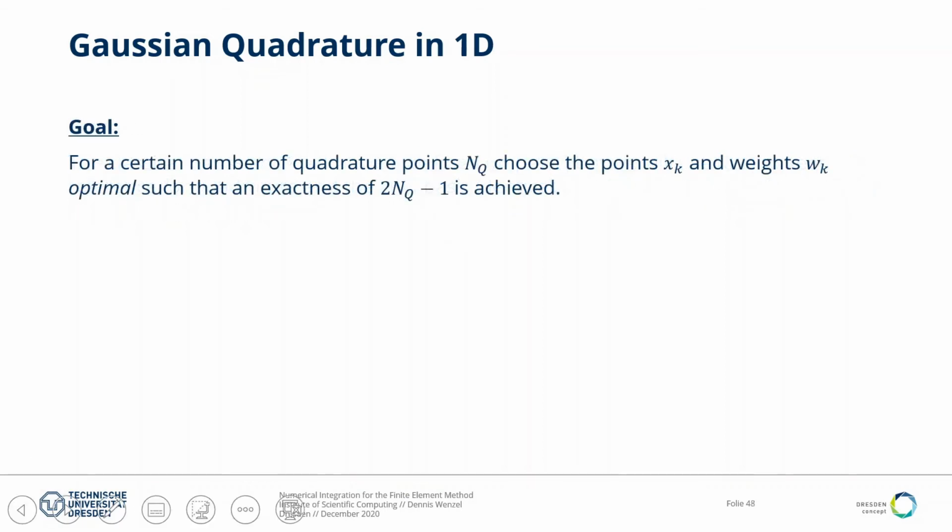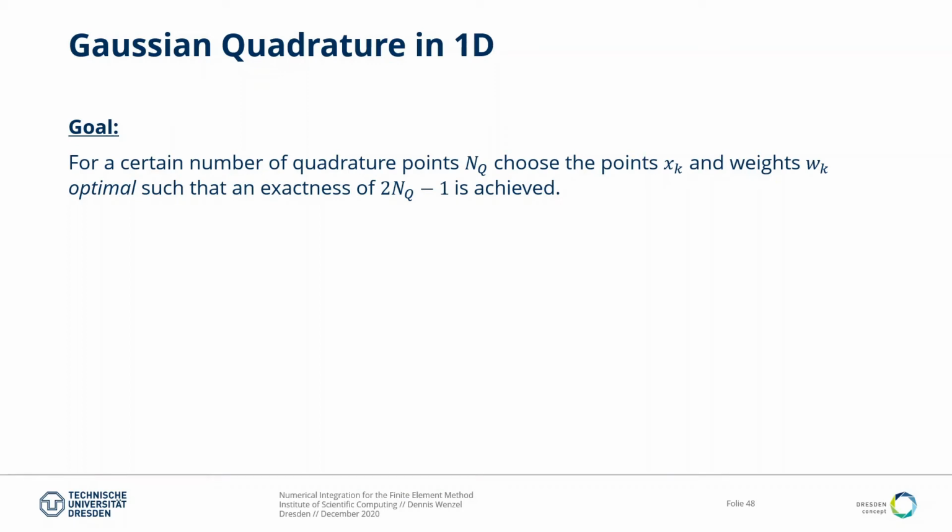Okay, let's go. The goal is, for a certain number of quadrature points NQ, to choose the points and weights in an optimal way such that we reach the exactness 2 NQ - 1. A rough estimation, to get a feeling why this is possible: if you can choose points and weights freely, this gives you, in a certain sense, 2 degrees of freedom for every point, because you can choose the value of the point and the value of the weight.